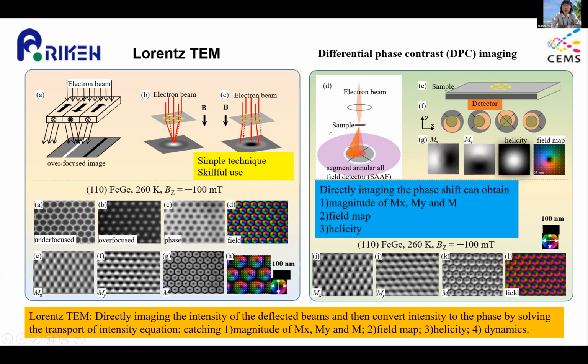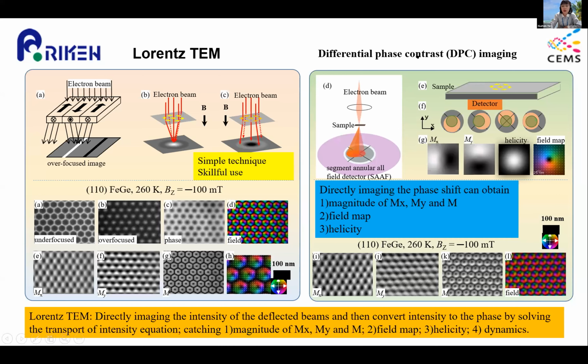This DPC-STEM just uses a coil to scan a convergent electron beam, and uses a segmented annular all-field detector to probe the phase change.